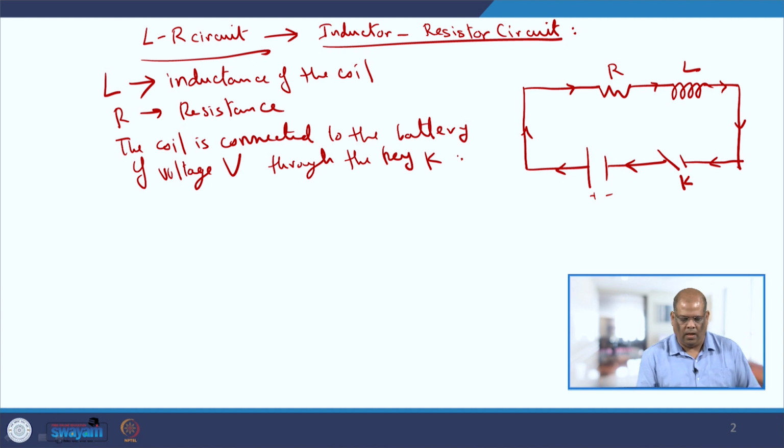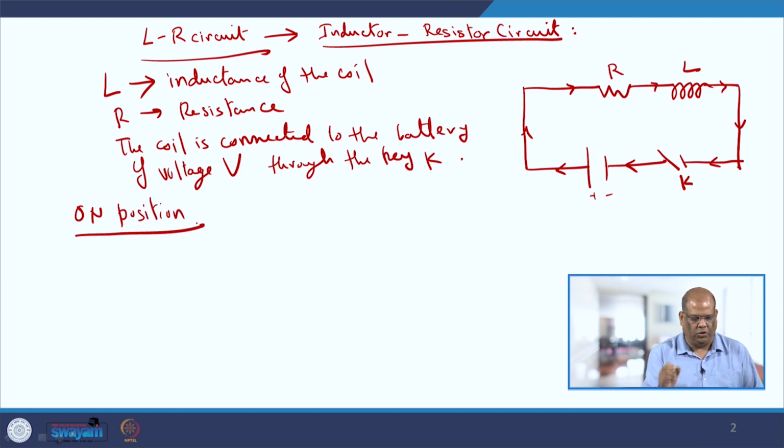Now, what happens in the on position? You put on the switch and you get what is called the on position.